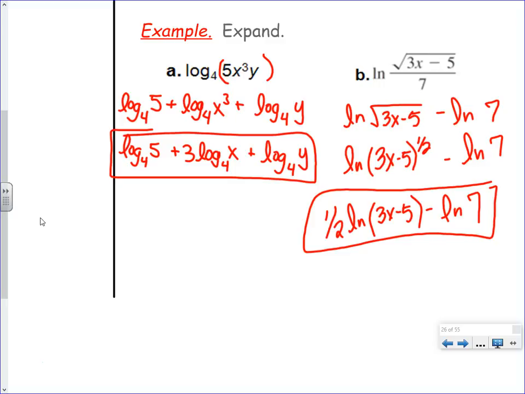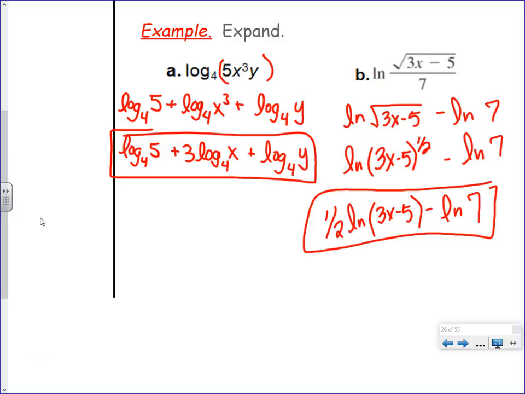Which one do I have? Ln, so rewrite it, and then write the bottom. Then I can make the square root into a 1/2, bring the 1/2 down. Suddenly I have simpler arguments, but multiple logarithms. Which one? Well, the one we started with, ln's. Okay. This was what again? Quotient. We're using the properties in order to expand.